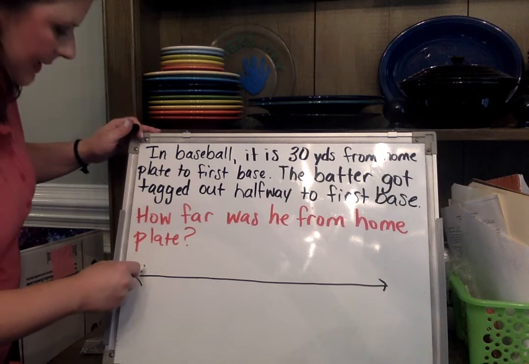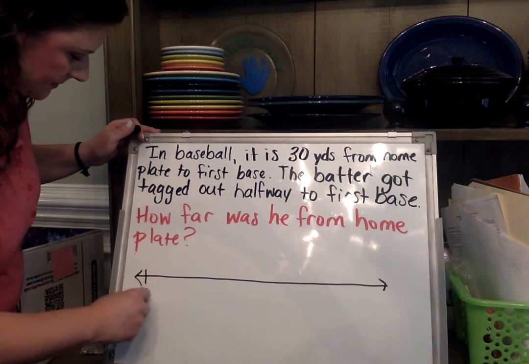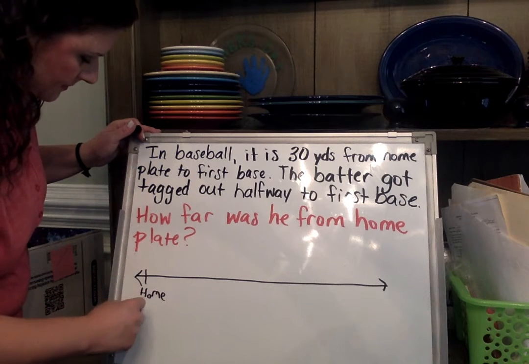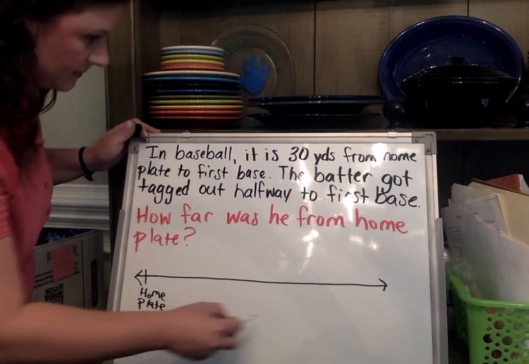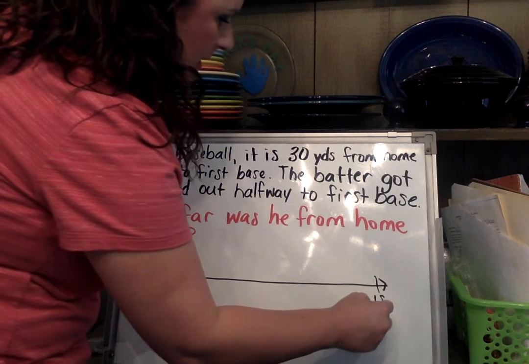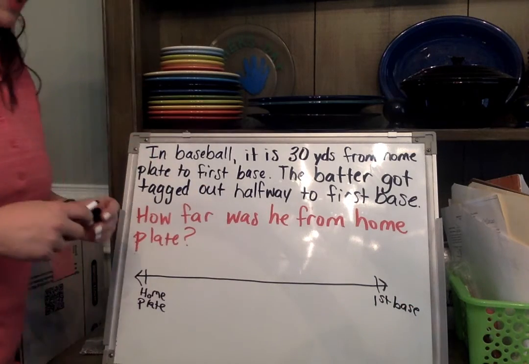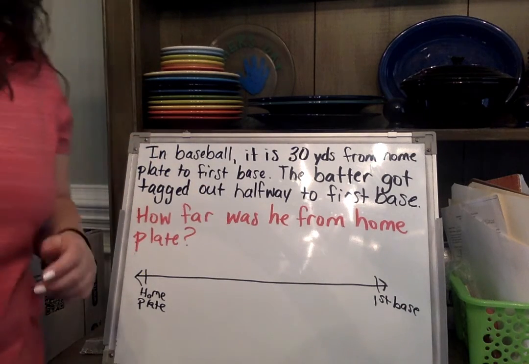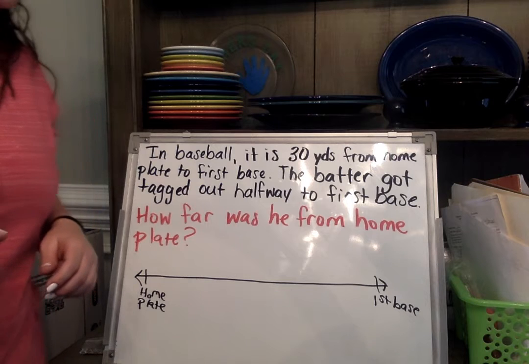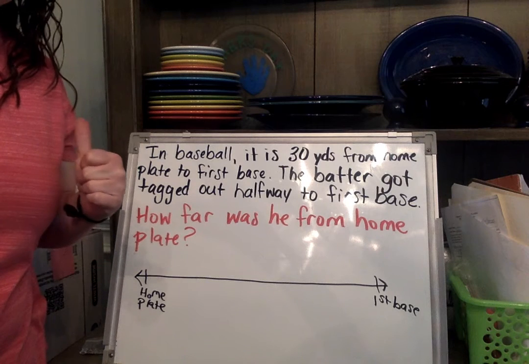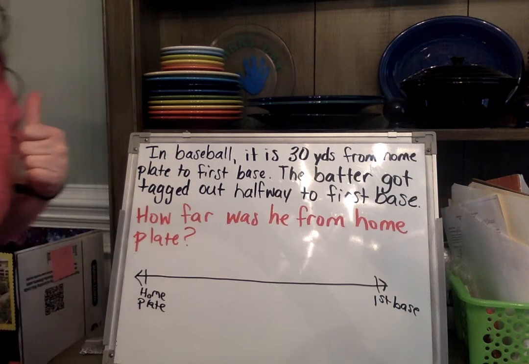So here's home plate. Here's first base. I want you to draw this number line and put a dot on it where he got tagged out. You can stop the video now. Miss Kent's going to run over here and check on Cora and Jack, and I'll be right back.